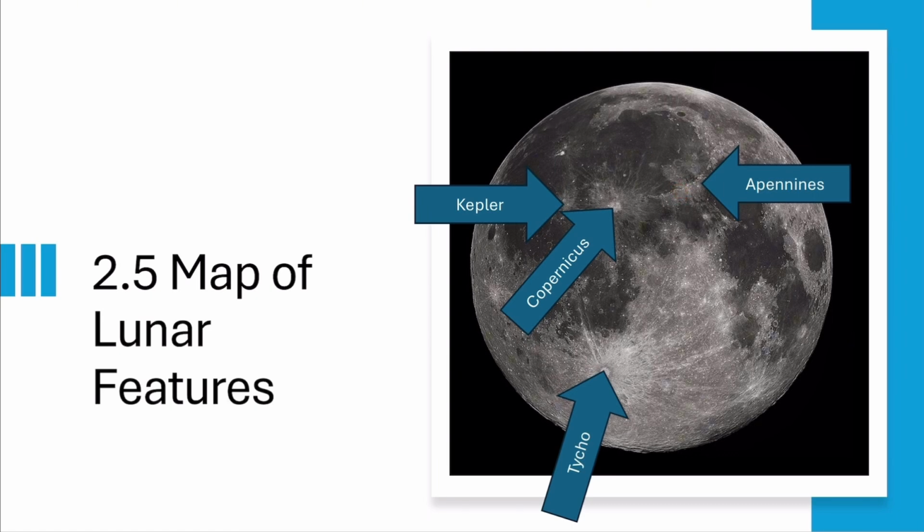The way I find this easy to remember is that Tycho is the massive one at the bottom, Copernicus is the biggest one in this lunar sea right here, and Kepler is just to the left of that. And the Apennines are kind of hard to find, but you can make out there's a big mountain range there pointing straight into the Copernicus crater.